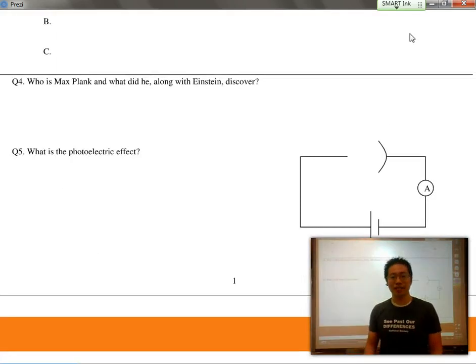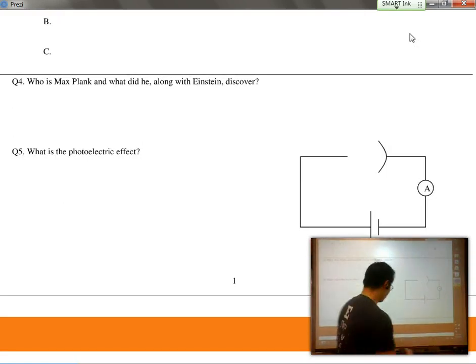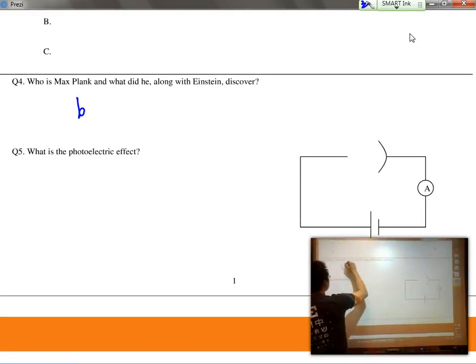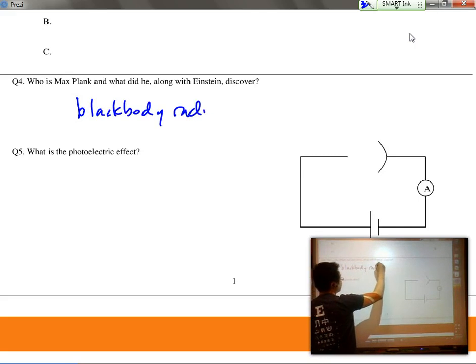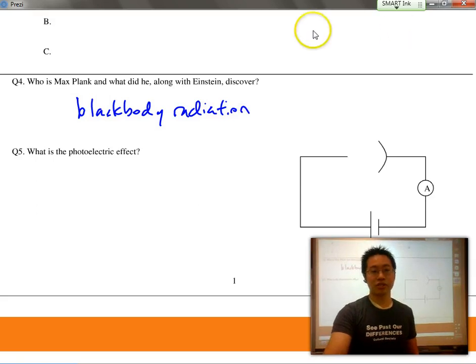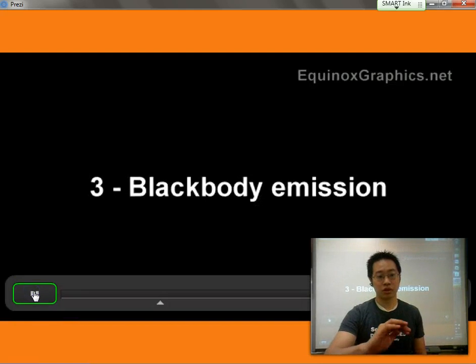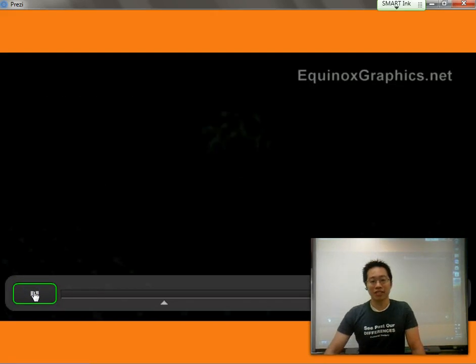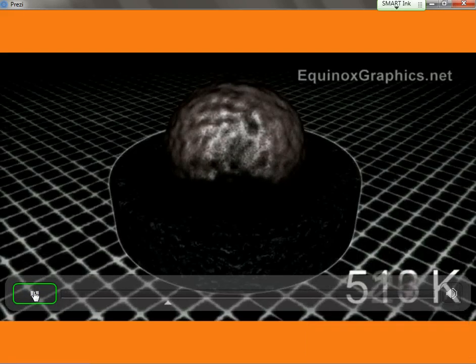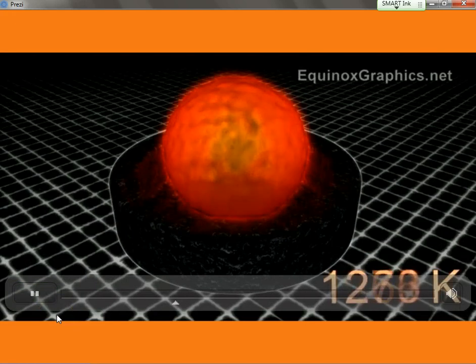It was Max Planck who first noticed something interesting with what we call black body radiation. He noticed that when things were heated, and superheated I mean, they start to glow.